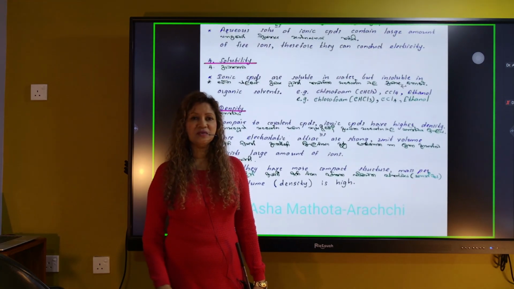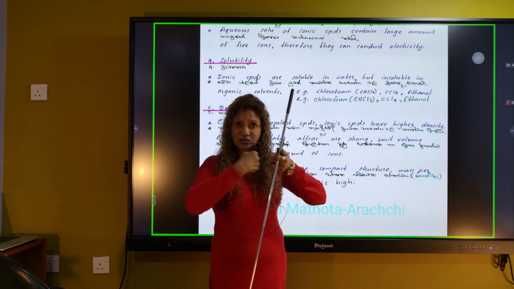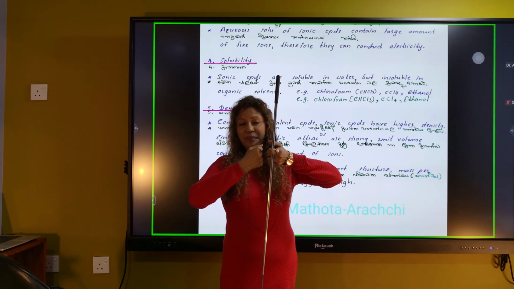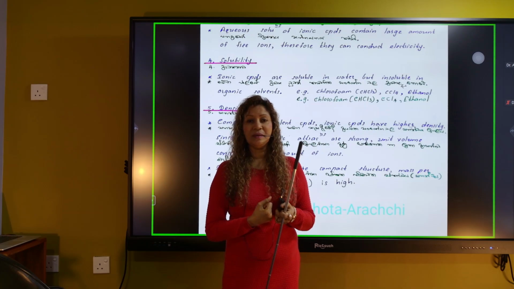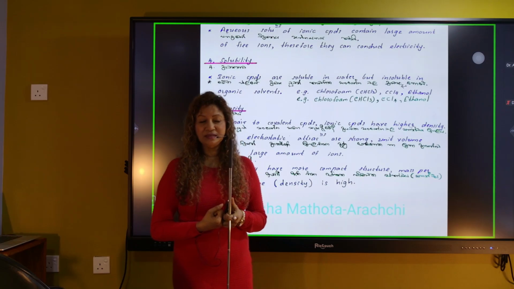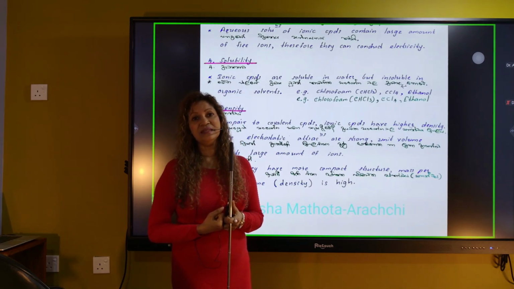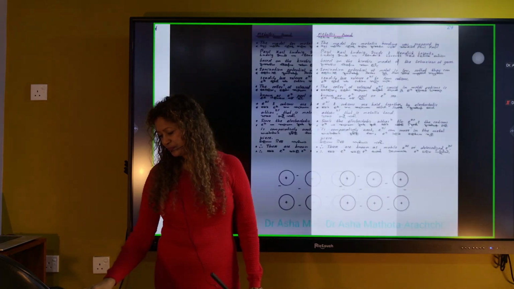The next one is density. Since the electrostatic interactions are stronger, the particles get closer to each other, so the number of particles per unit volume, the density, is high. So the density of ionic compounds is greater.